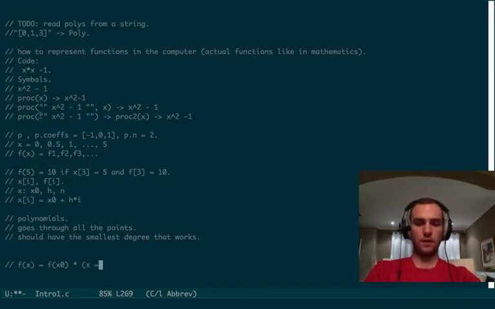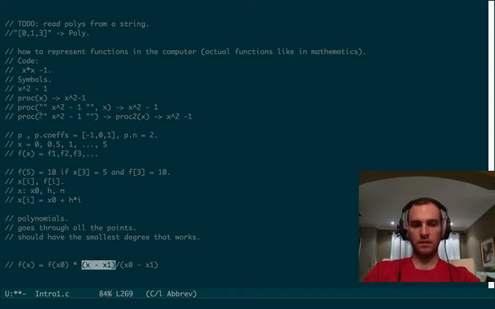So x minus x1 over x0 minus x1, right? This, when x is equal to x0, it's going to be 1.